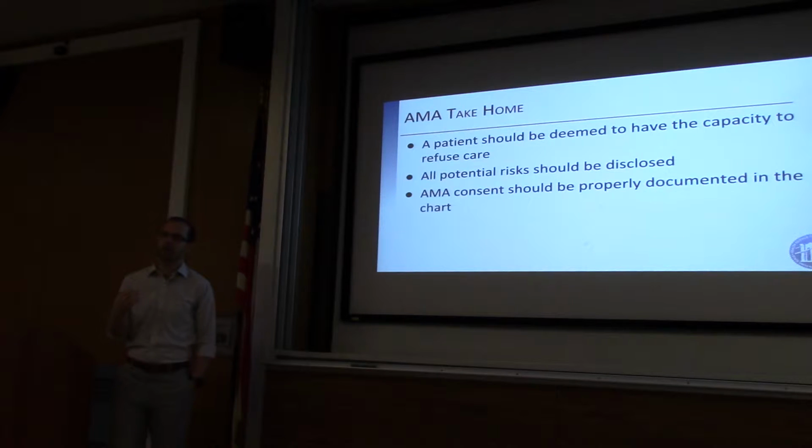You want to make sure that as a component of that capacity, you've explained all of the risks, anything you can possibly think of that is pertinent to the issue, and that not only can they repeat those back to you, but they actually can understand them. And as nuanced as that can be, you want them to at least have some ability to demonstrate that it's not just a parroting, but it's an understanding and manipulation of that information in a way that proves that they understand it. And then lastly, document, document, document.